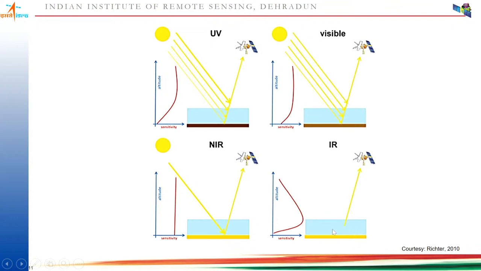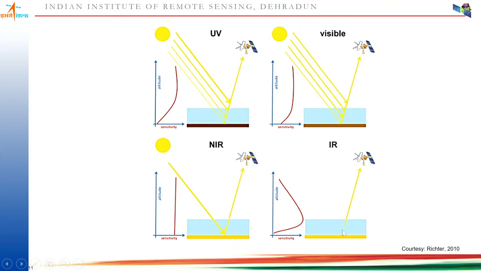This is basically the vertical sensitivity, the vertical distribution of the atmospheric constituents. In the other regions you can have only one or two levels, or the total columnar concentration, because the scattering or absorption is more in the lower troposphere than in the middle or upper troposphere.